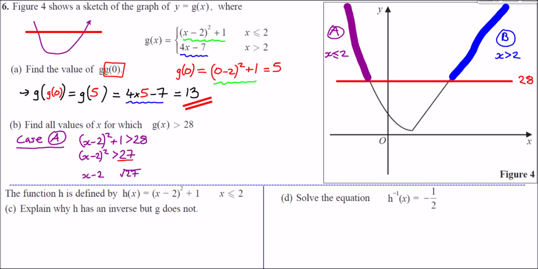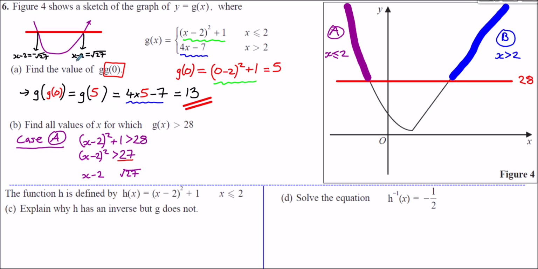Then this point here is going to correspond where x minus 2 equals positive square root 27. And the lower one will be where x minus 2 equals the negative root of 27.